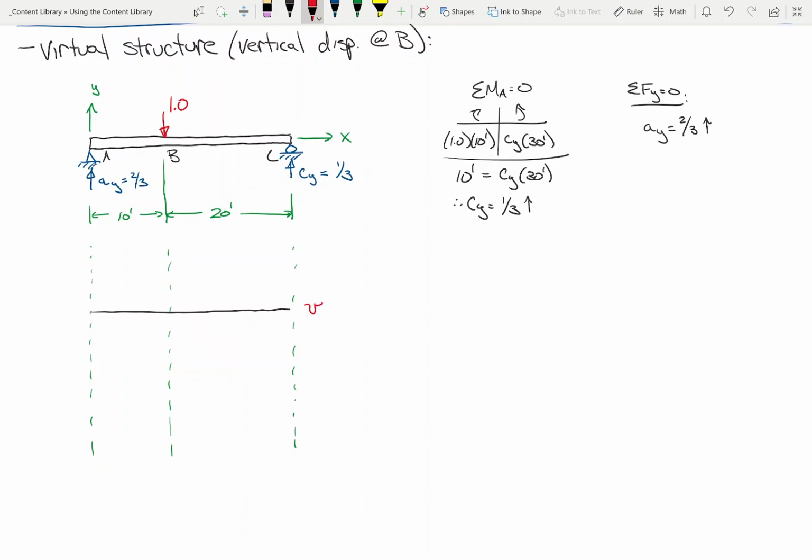We'll do a shear diagram, and I'll do a little v because this is a virtual shear. So tell me what to do. I start at 0, then what? There we go. From A to B? Nothing.